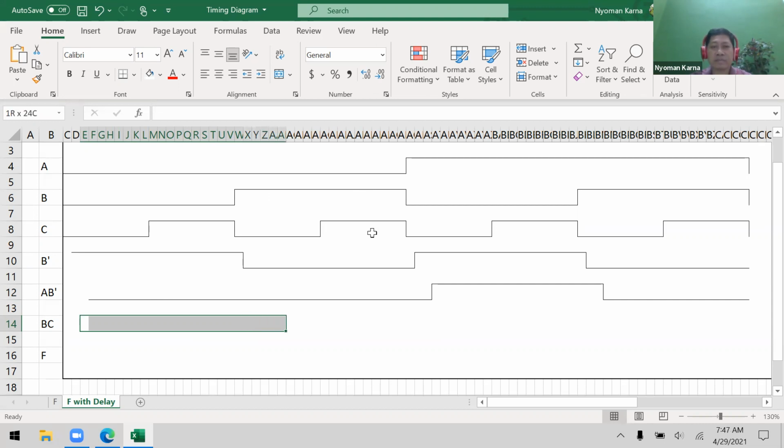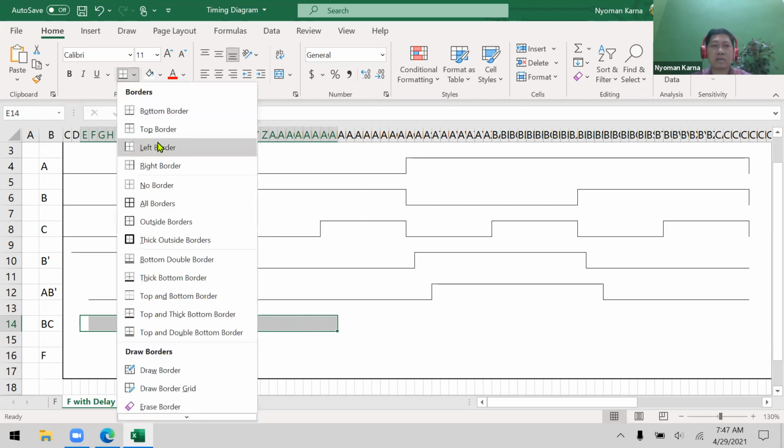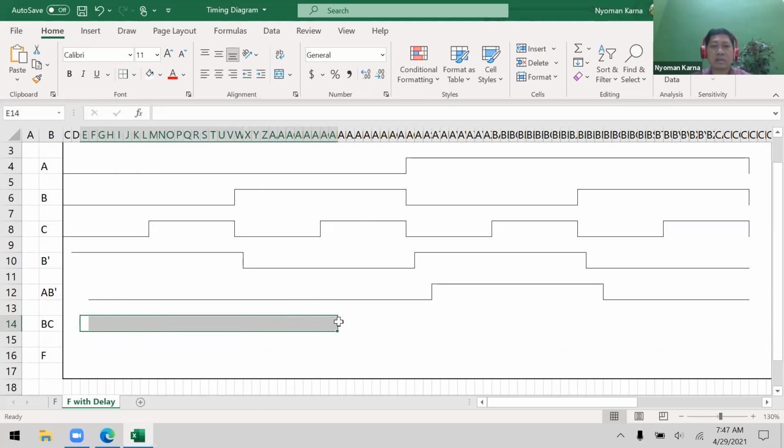So this is 0. And then this is the output for 1 times 1 with 2 millisecond delay. 1, 2 millisecond delay. So it will become like this.